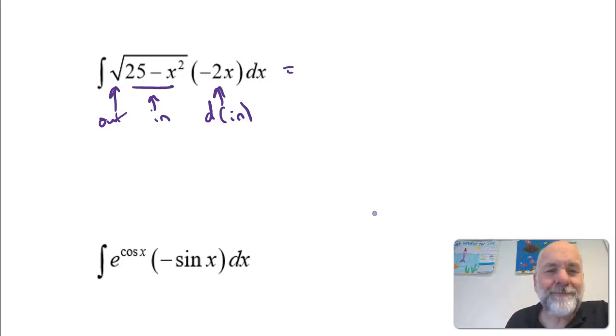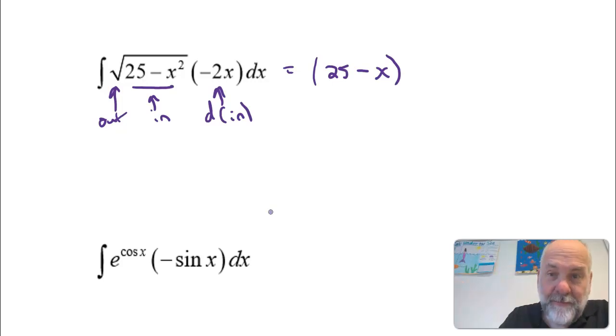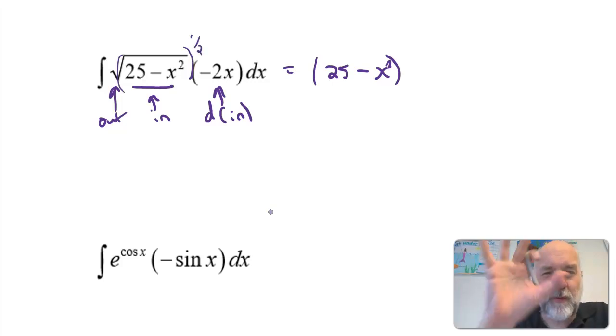So you can try this one if you want to. You can pause me. I'll give you a second. Antiderivative of the outside. So it's 25 minus x squared, and leave the inside alone. So the outside is square root. That's to the 1/2. So I have to do the antiderivative of something to the 1/2.